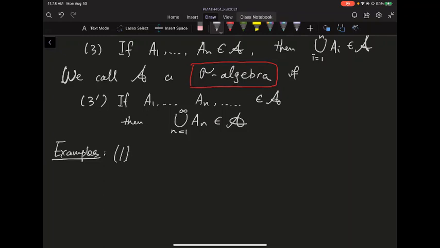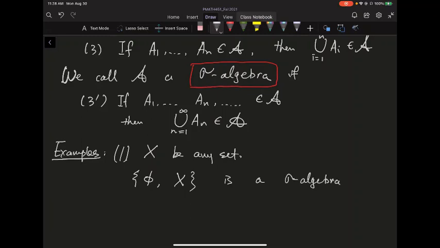If you let X be any set, and you just take the empty set in there, then since the sigma algebra has to be closed under complement, the entire set X, being the complement of the empty set, has to be in there. And if you just take these two, then this is an algebra, and it's also a sigma algebra.